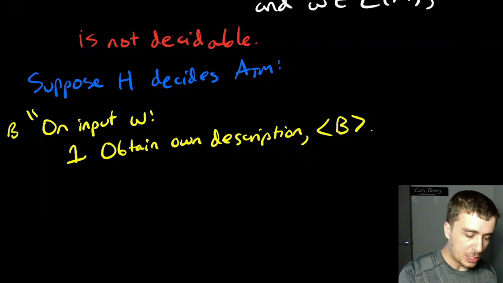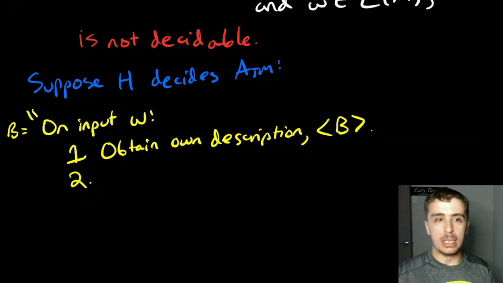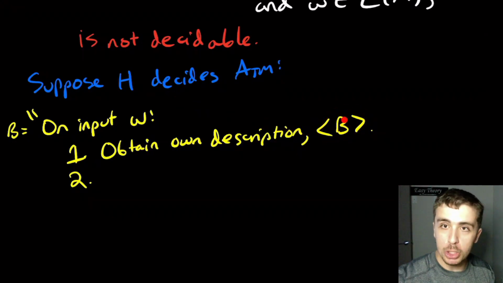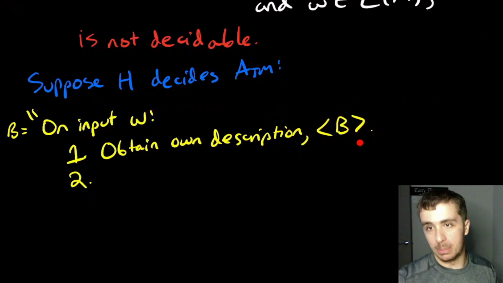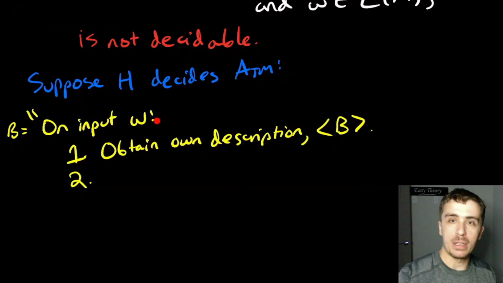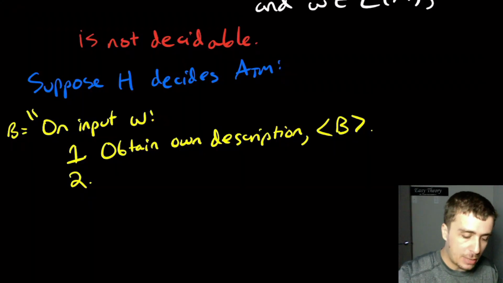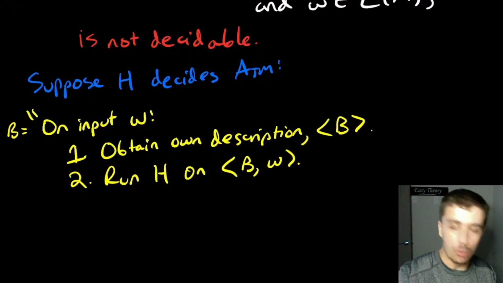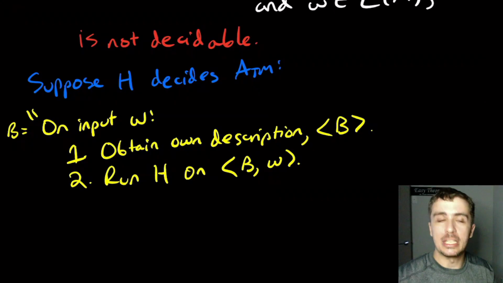So this machine is, I'm going to call it B. So what is the second step going to do is I'm going to run this supposed decider H on this machine, and W is a perfectly valid input, so we're allowed to do it. So run H on the input B and W, and it must answer yes or no.